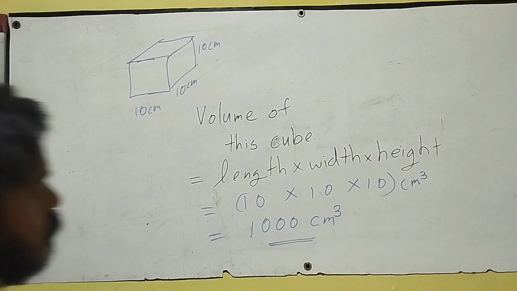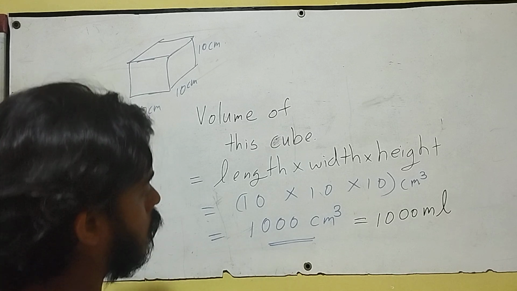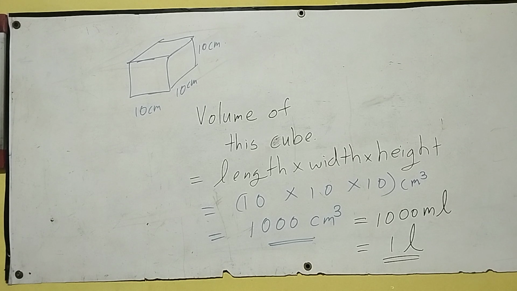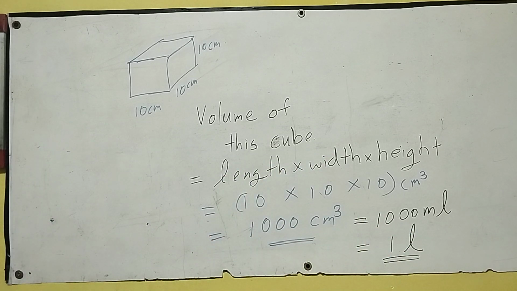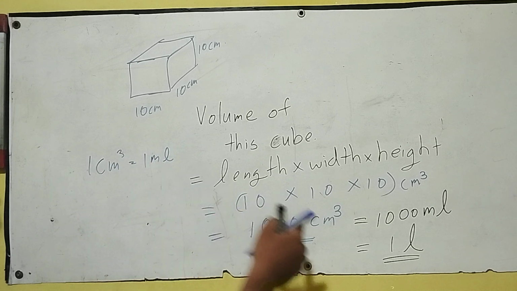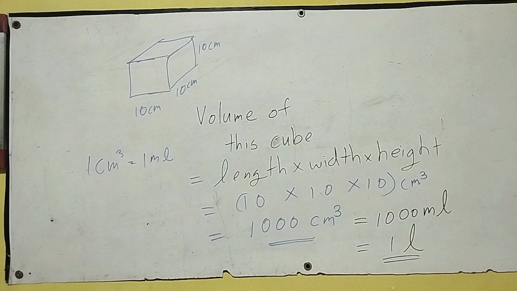Final answer is 1000 cubic centimeter, equal to milliliter, and it is equal to 1 liter. 1 cubic centimeter equals 1 milliliter. 1000 milliliter equals 1 liter. Before that I told about these. Through this we can obtain 1000 cubic centimeter is equal to 1000 milliliter.